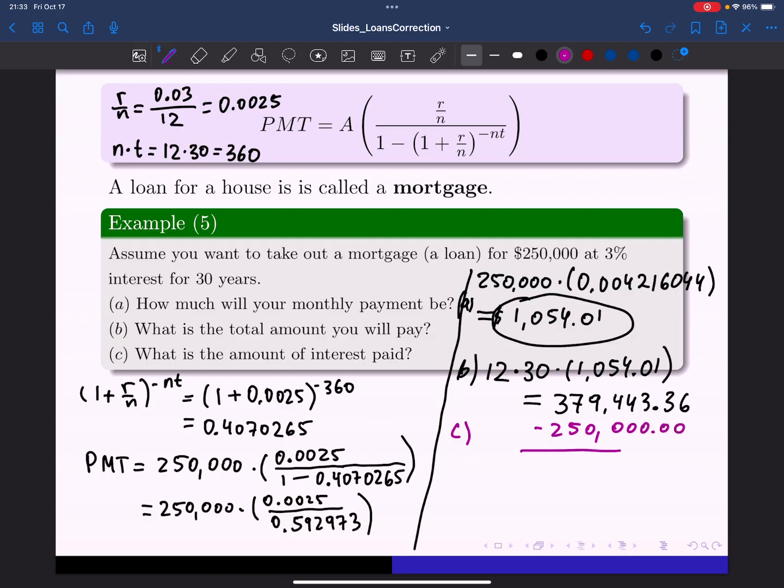So if we subtract this, we're going to have 129,443 and 36 cents. So this is the amount we pay to the bank.